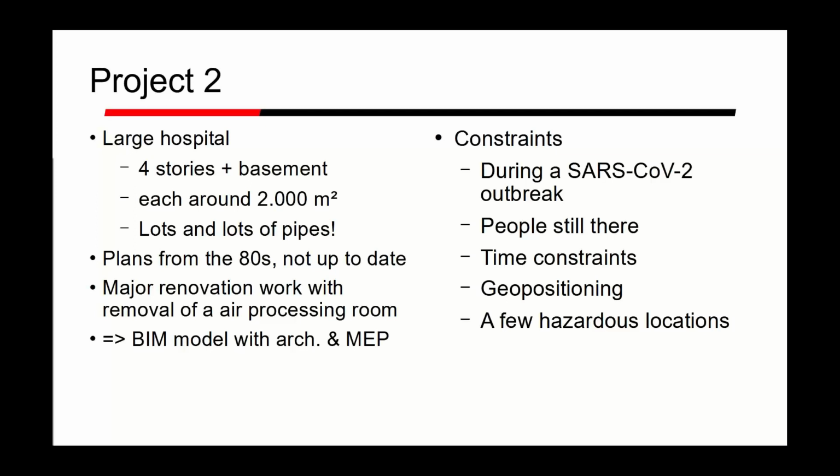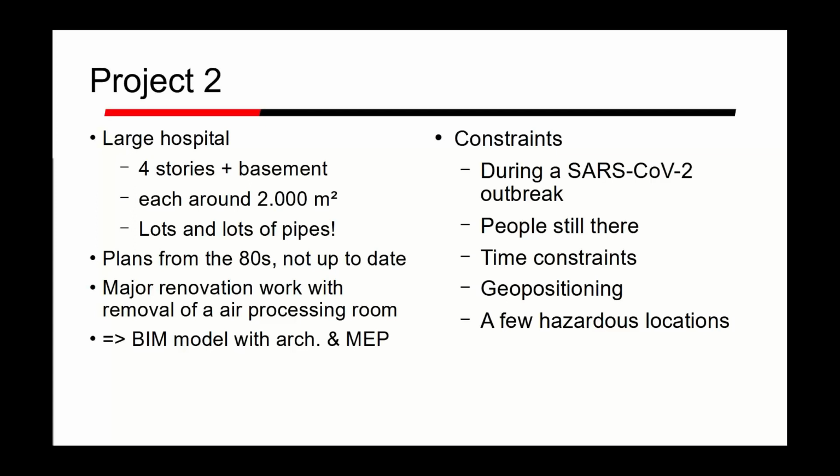It was just during the SARS-CoV-2 outbreak, which is COVID, so it was difficult to plan for anything because borders were closed and then open again. There were also specific restrictions regarding working in hospitals, and there were still patients being treated, so that's another constraint.